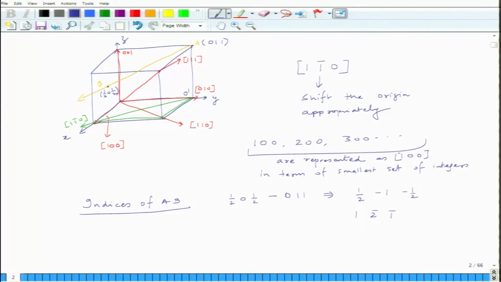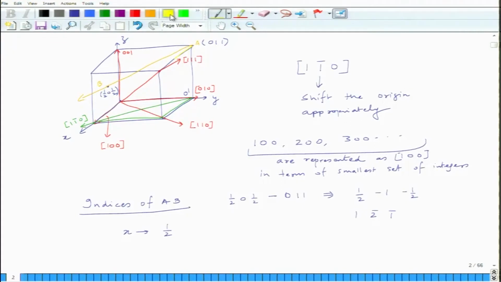Okay. Another way to determine is, you just move along the x y z directions. So I can see that I need to go, if I take this as a half of x in negative x direction and positive x direction, so I have moved x intercept as half.